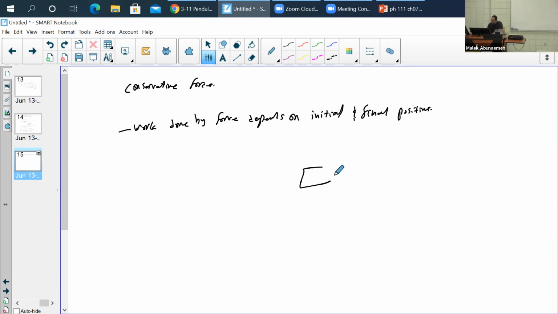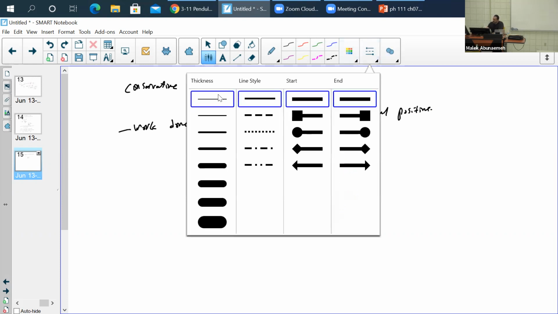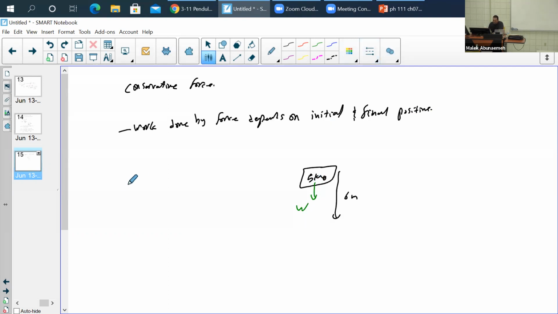So let's say you have a box that's 5 kilograms, and you move that box 6 meters. We're going down, so we're not going to worry about the angle. Your force is mass times gravity, which is 5 times 9.8, so we should get 49 newtons. This is actually your weight.